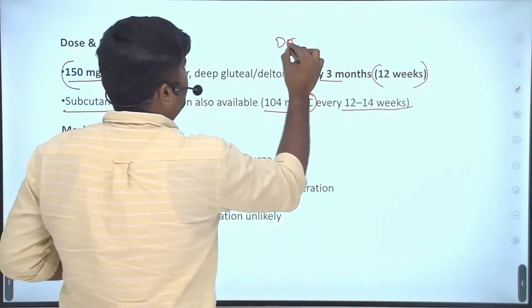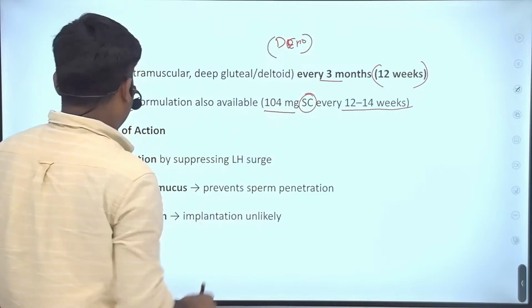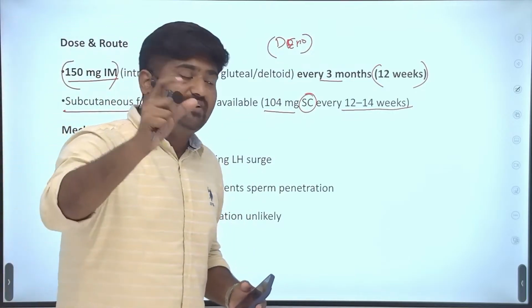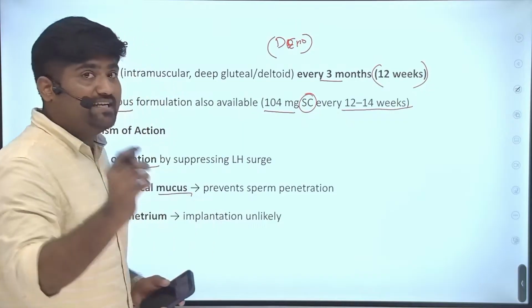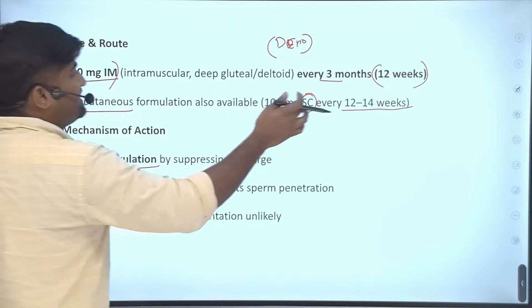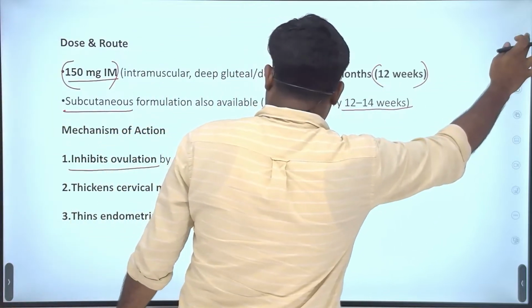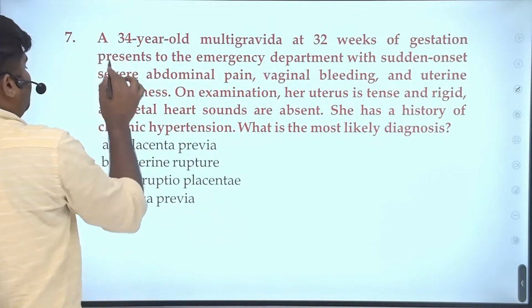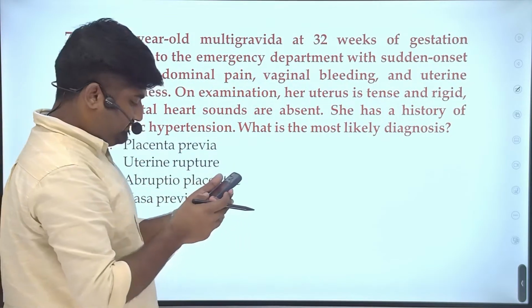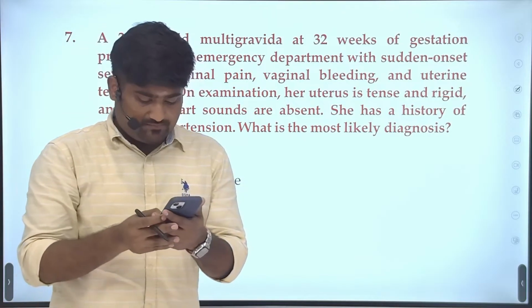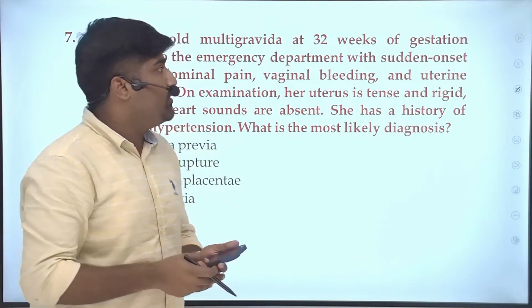It inhibits ovulation, thickens the cervical mucus and thins the endometrial layer. It prevents sperm penetration and also implantation. Next question. Is it clear? Yes. It reduces blood loss also.